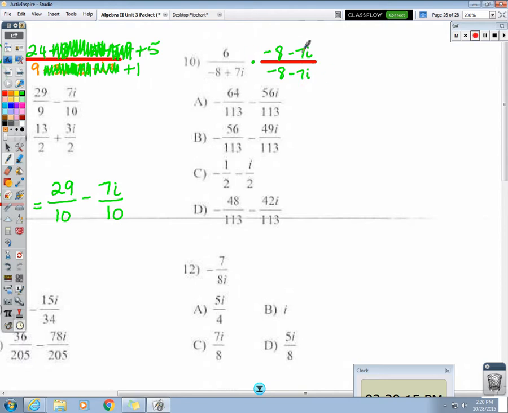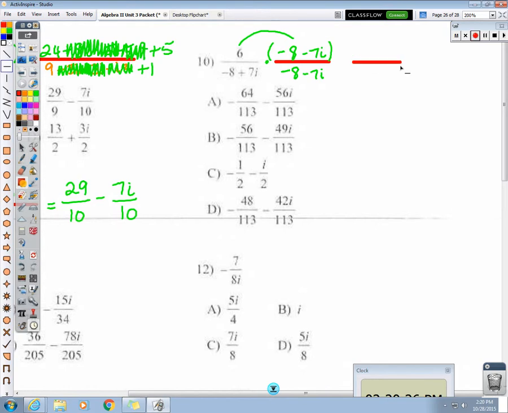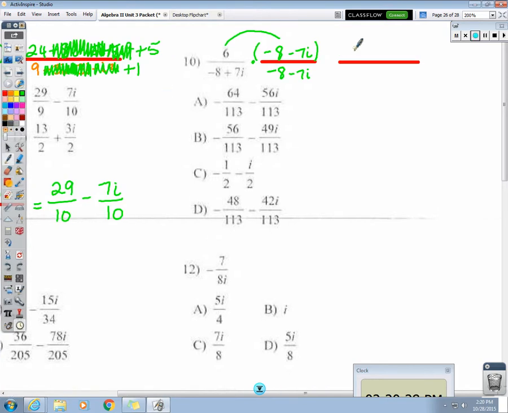Okay, to multiply the numerator, what method is going to have to be used? Just distributing. So 6 times negative 8 is negative 48. And 6 times negative 7i is, right.